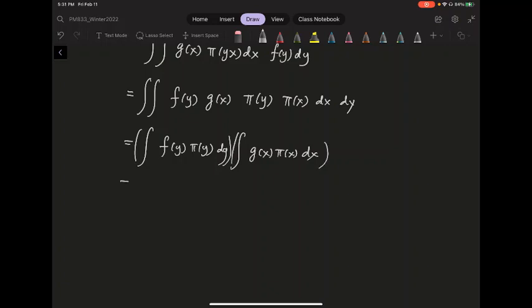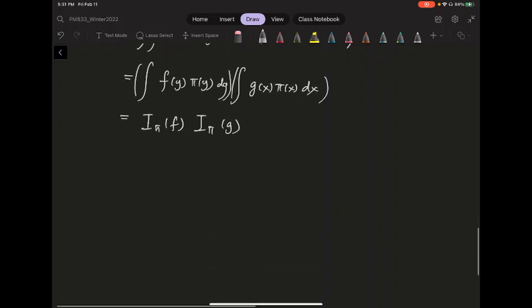And these two are essentially just I pi of f times I pi of g. As you can see, the order really matters here. The pi y has to come before this pi x, so you really have I pi of f first instead of I pi of g first. So the order does matter. But in any case, I pi satisfies this homomorphism structure.